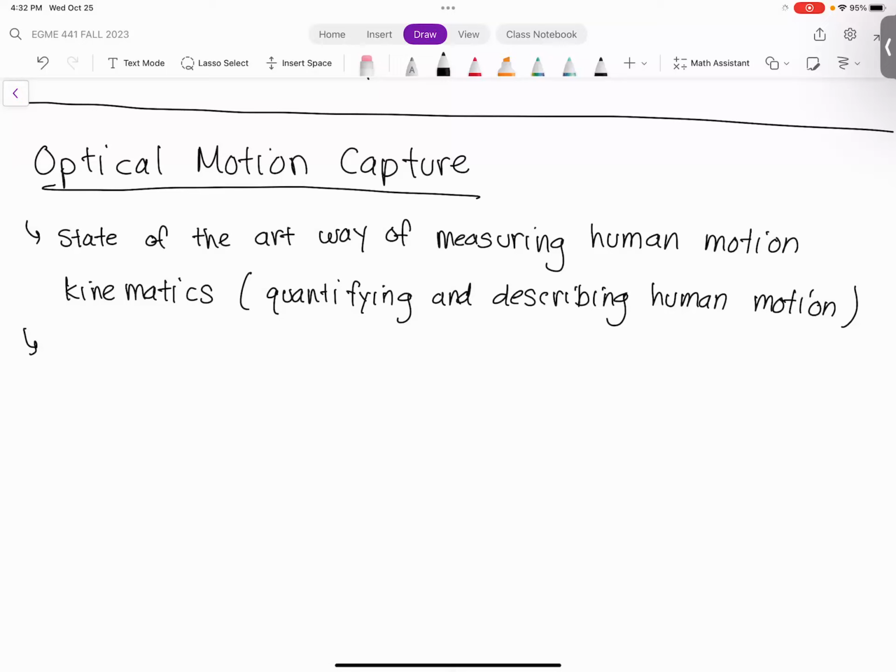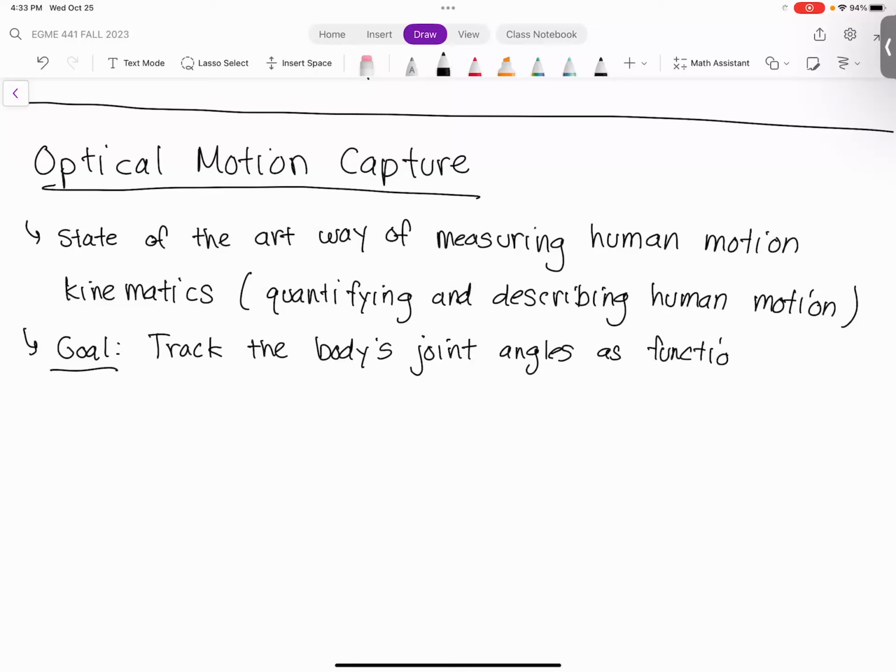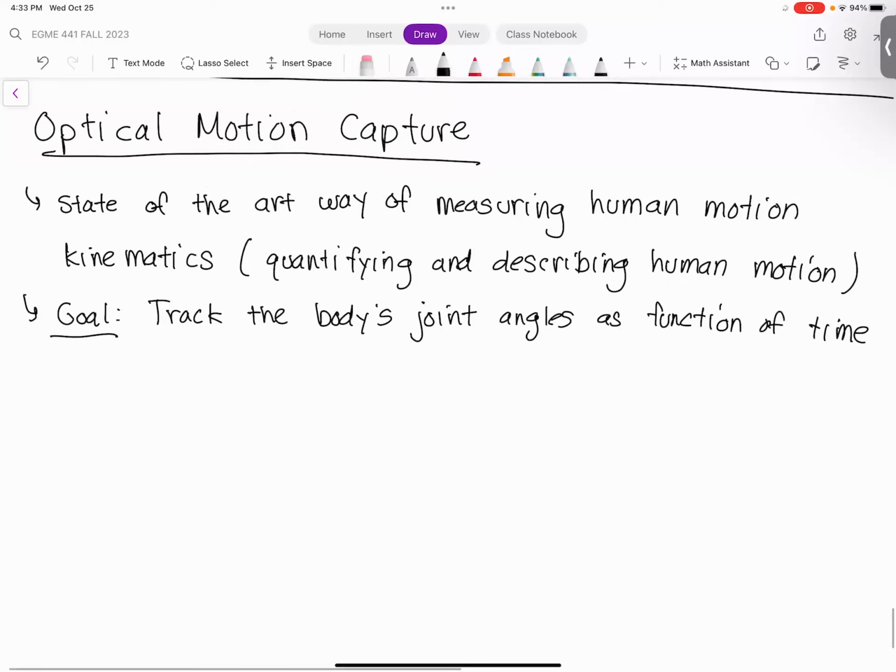All right. So our end goal with this, and I'm not sure if we're going to get to it today, is to be able to plot the various joint angles as a function of time. For example, we saw a few of these plots when we were talking about gait biomechanics, right?